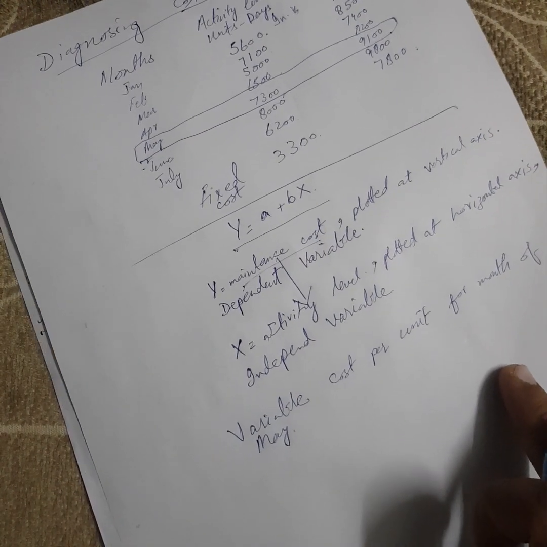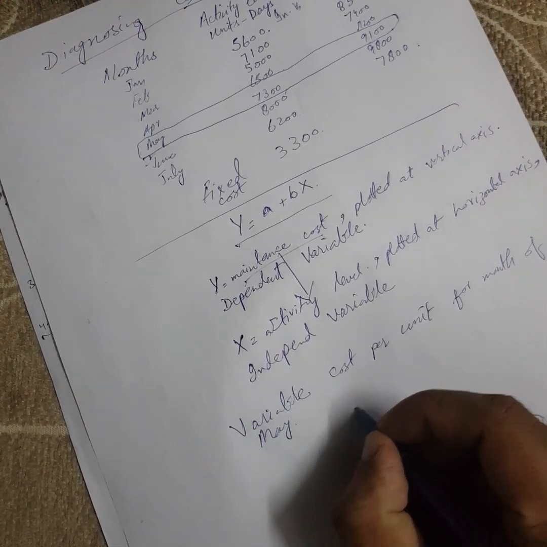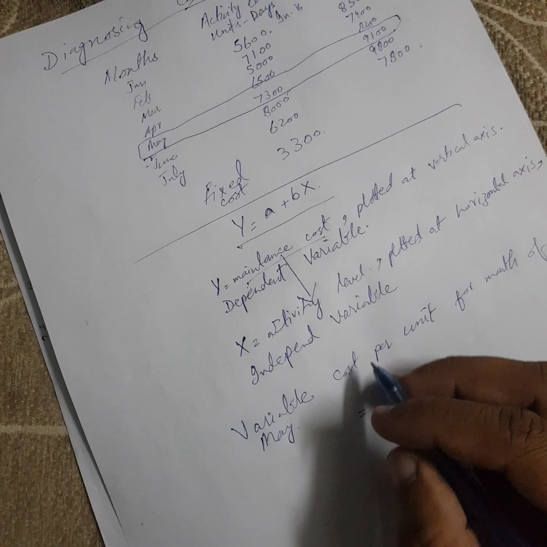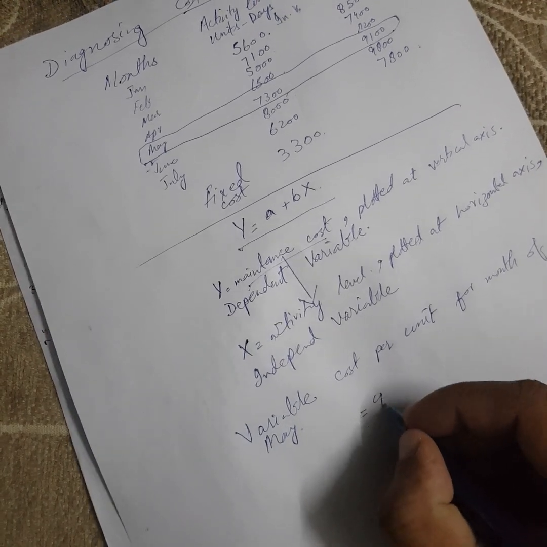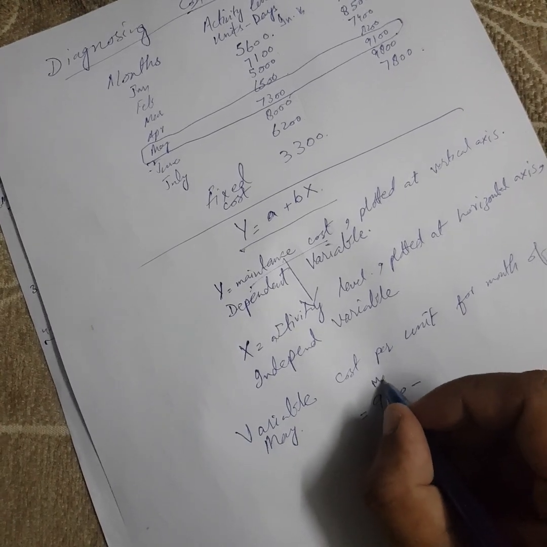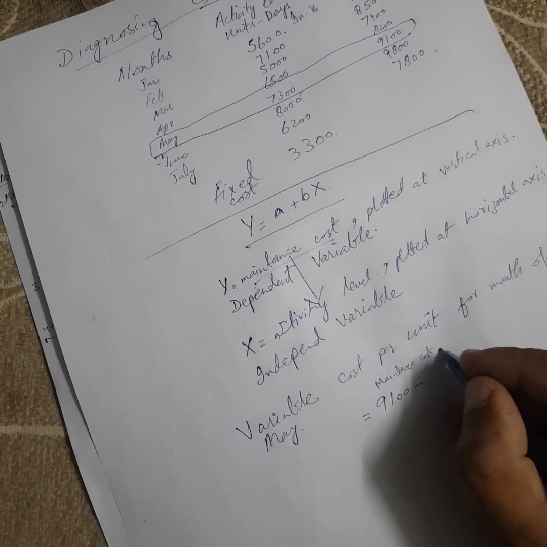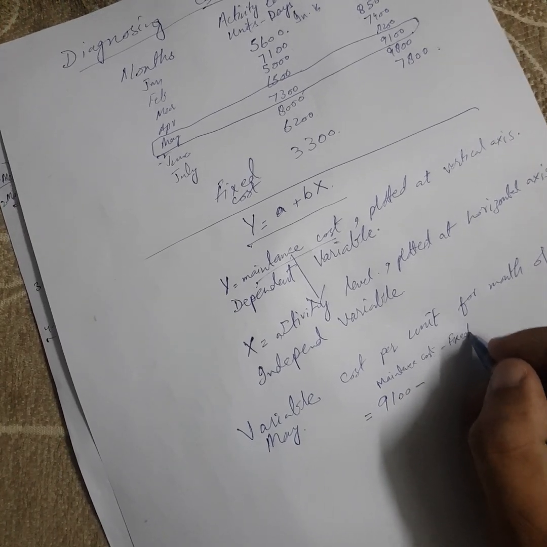For that purpose, our formula will be 9,100 maintenance cost minus fixed cost.